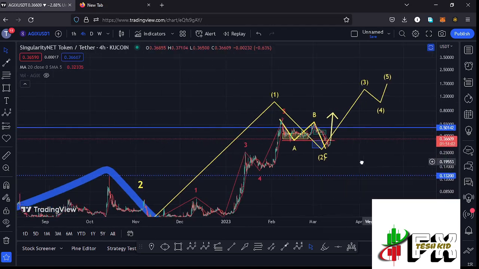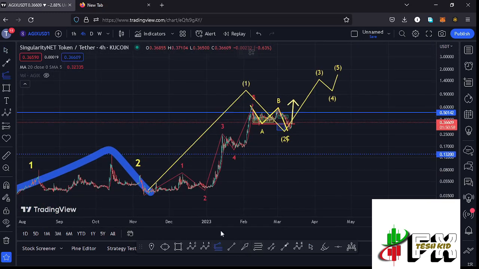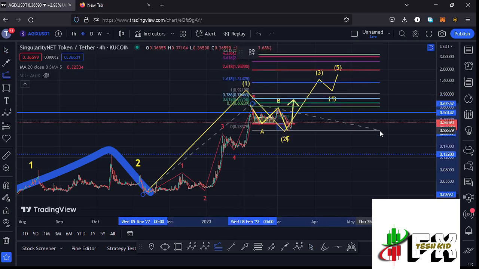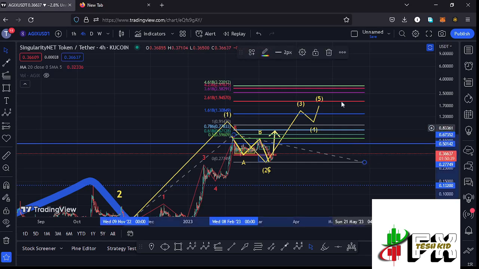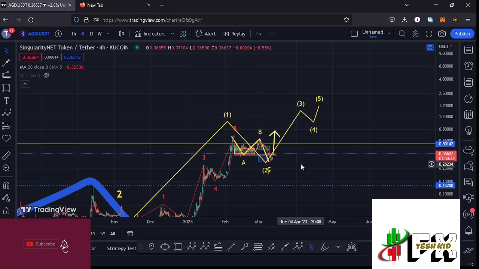Sketching out a target area to the upper side in the formation of that wave 3 by connecting the trend based Fibonacci from the low of the first wave down there to the high of that wave 1, then dragging the fibs to the low of the second wave, that gives me a minimum target area to the upper side in the formation of that wave 3 at the fib level 1.618, and that is at around the $1.30849 mark, and that is the minimum that we can expect Agix to do in the formation of that larger Elliot wave count 3 to the upper side.